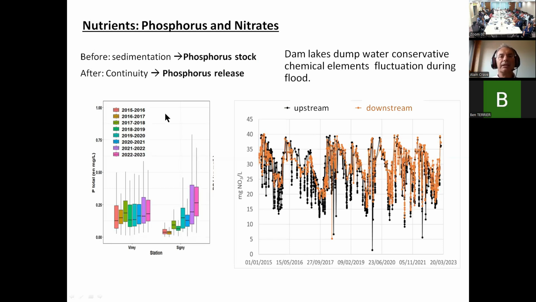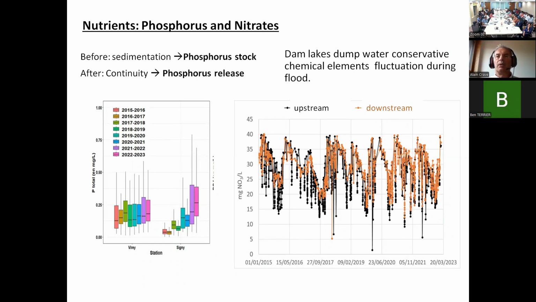And it's getting larger this year in 22-23 because you have more sediment which is released, considering the rate of sediment that you have upstream. For the nitrate, we can clearly observe the impact of the dam removal.